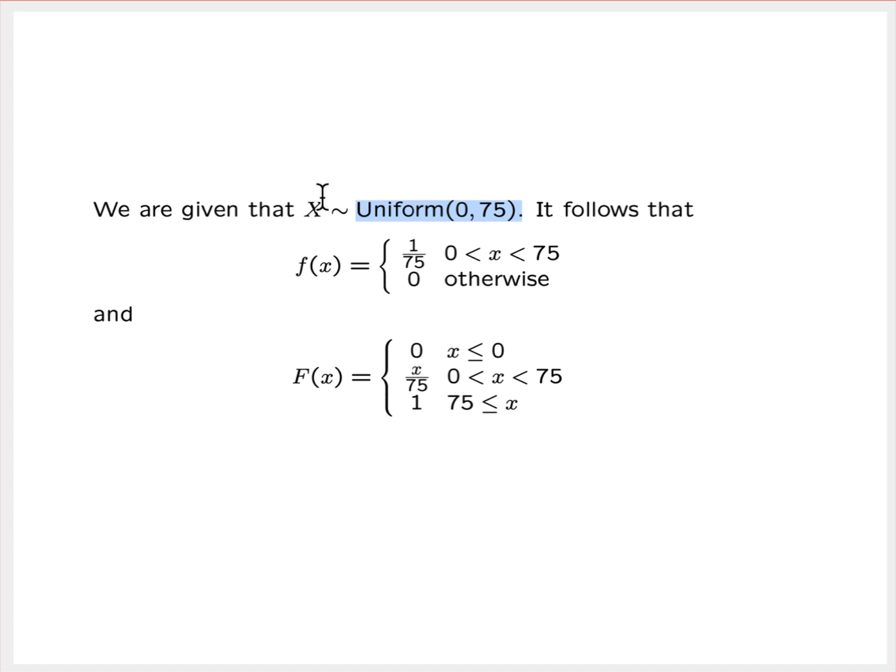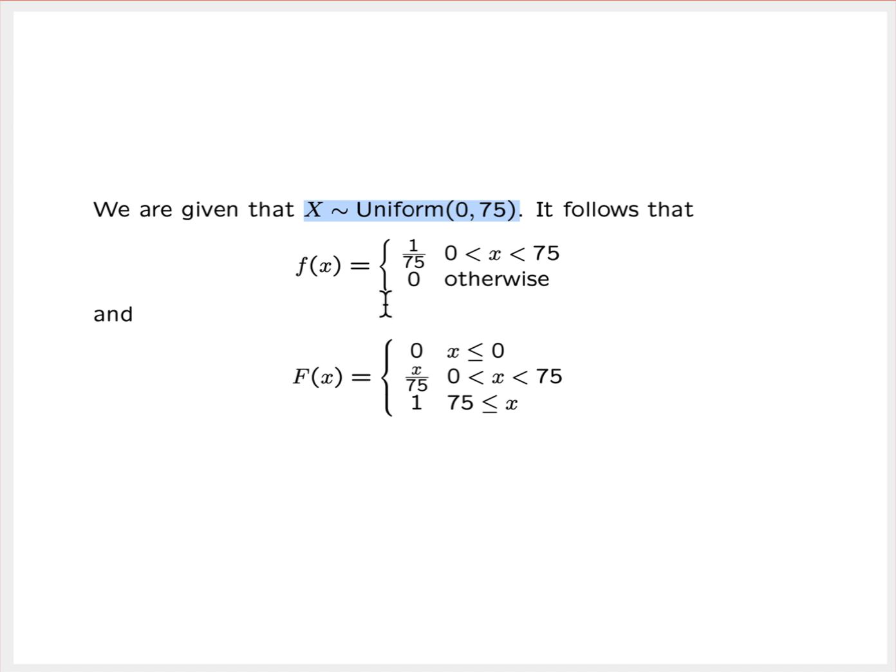Given that information, we can immediately write down the PDF and the CDF, because we know the general forms for these functions. The PDF of the distribution of x is equal to 1 over 75 for values of x between 0 and 75, and 0 otherwise.